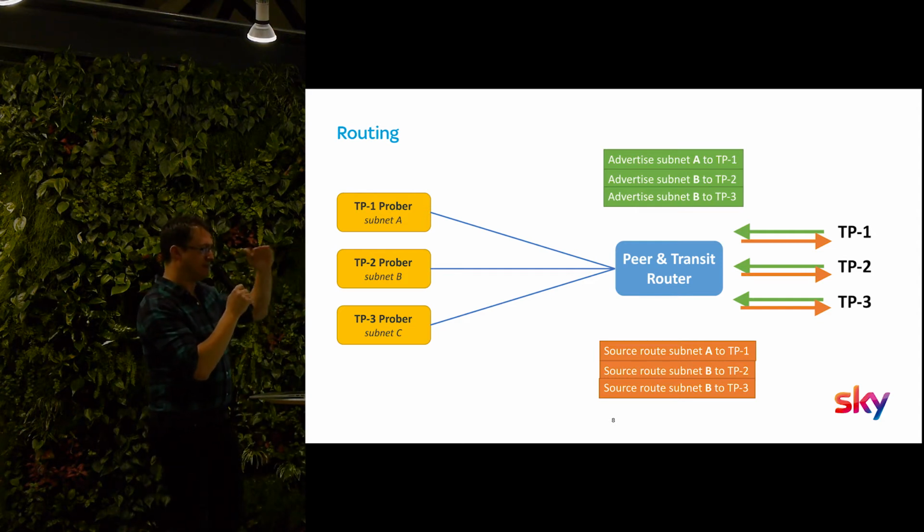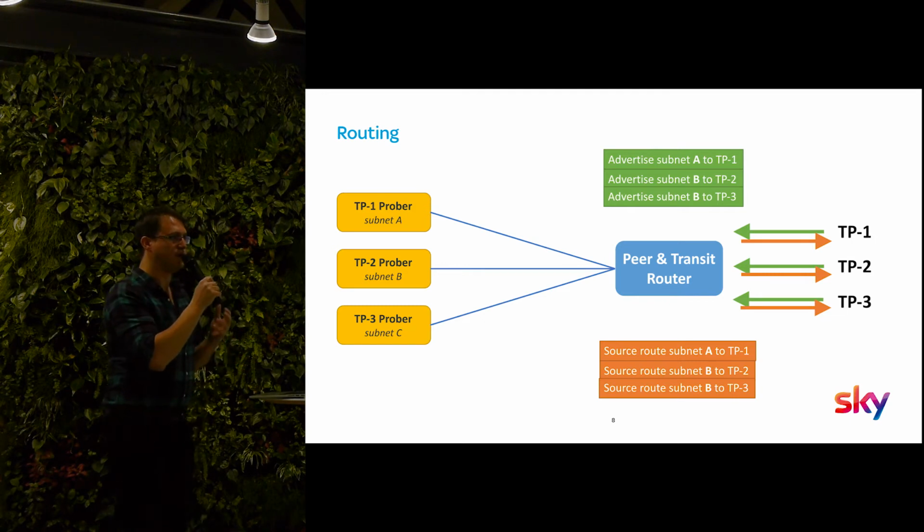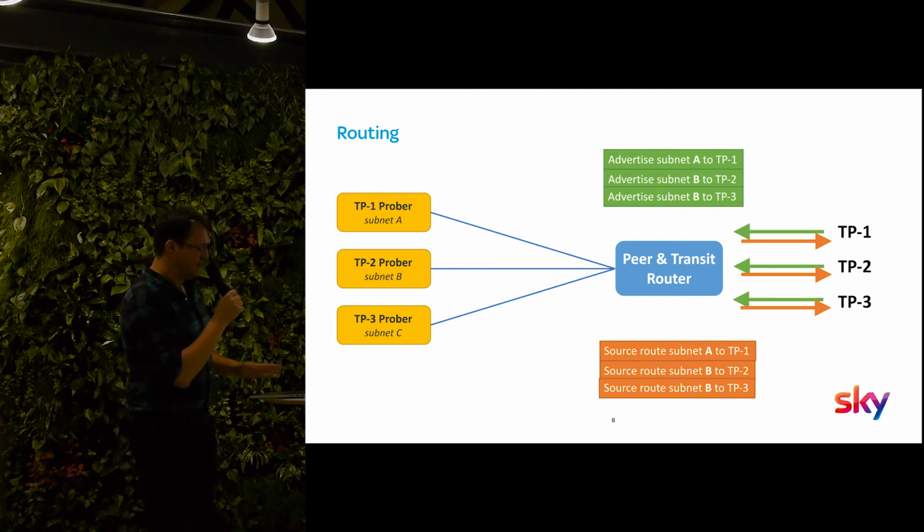So the only difference is that their outgoing path is different, but the incoming path is going to be the same, so you can still make good measurements. That's why I call it a soft requirement.